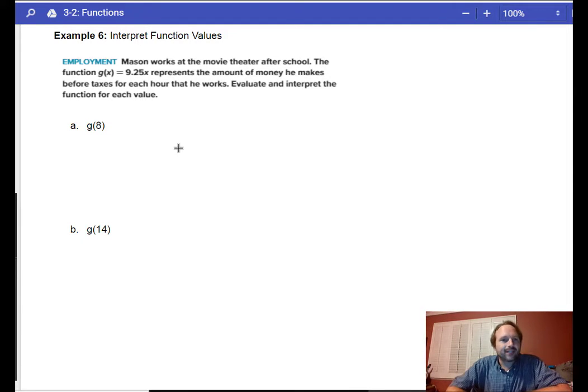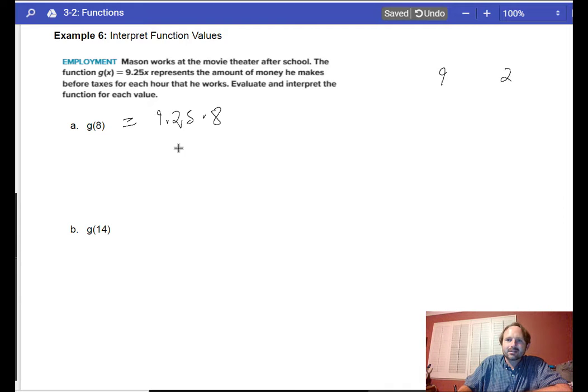Okay, well, g of 8. That means we're going to plug in 8. So that's equal to 9.25 times 8. If I was going to multiply this, I would do 9 times 8 and 9 times a quarter.